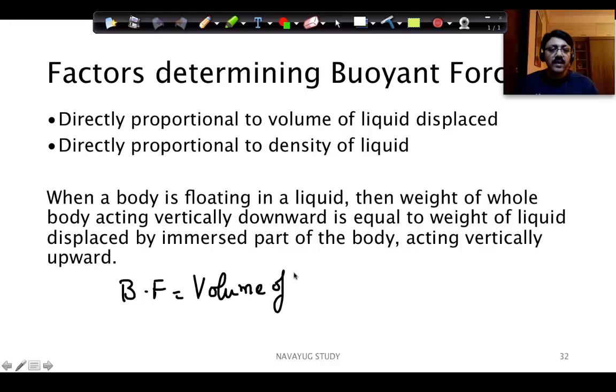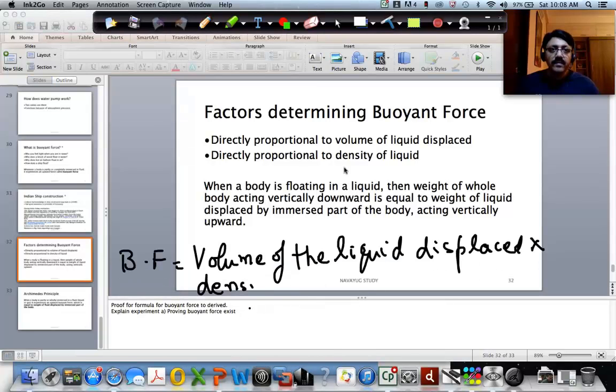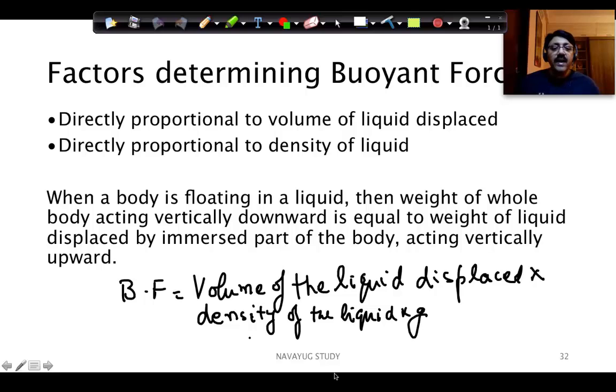So volume of the liquid displaced into density of the liquid into G. In fact, if you look at this product, it's nothing but the weight of the liquid displaced, right?